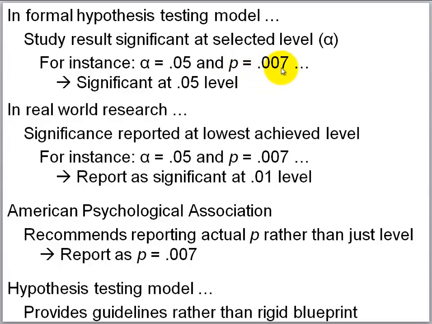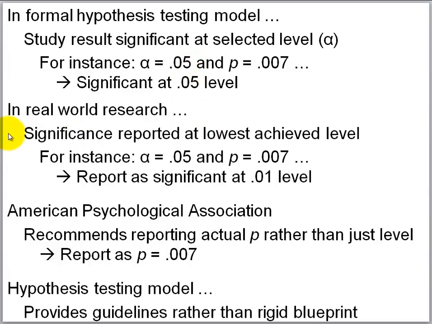Note that this value of p is less than 0.01. So in the most formal sense, even though this p is less than 0.01, we don't report it as less than 0.01, but rather we report it as less than 0.05. In other words, we report it as significant at our selected level.